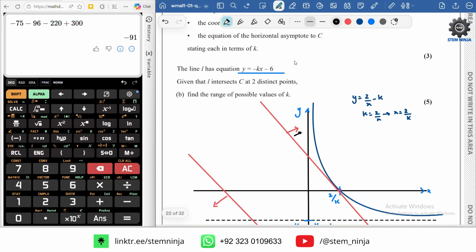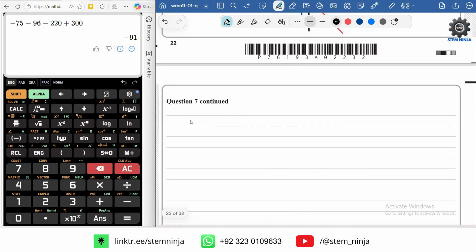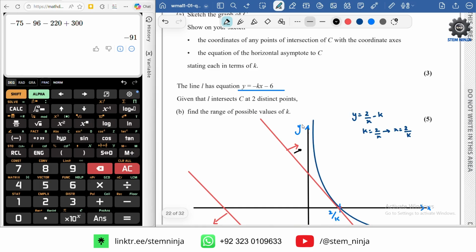Since this is intersecting at two distinct points, we just equate the two equations together. So minus kx minus 6 equals 2 over x minus k. Right?